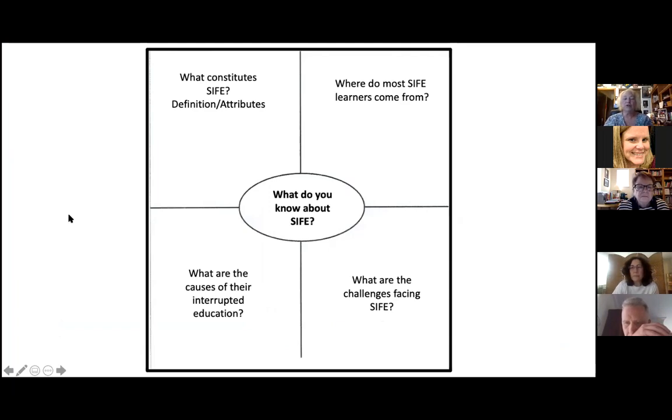So we're going to start off with this graphic. And if we were in person, we would have time to stop and think about these 4 different quadrants. We want to know, do you know where most of these SIFE learners come from in US and Canadian schools?